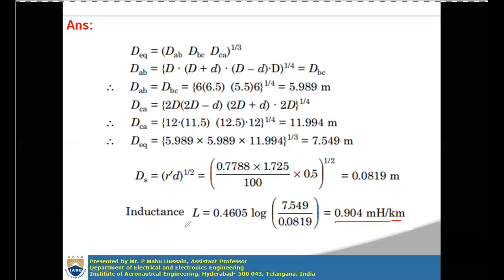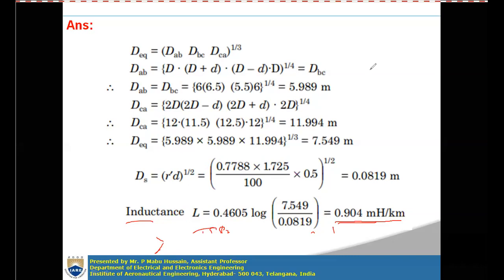But they did not ask for the inductance, they asked for the reactance, which is equal to 2 pi f L. f is given as 50 hertz and the inductance you got is 0.904 millihenries per kilometer. If you substitute here, you will get the reactance. Reactance units are ohms. If you substitute L in millihenries per kilometer, here also you will get ohm per kilometer. The reactance value per kilometer you will get.